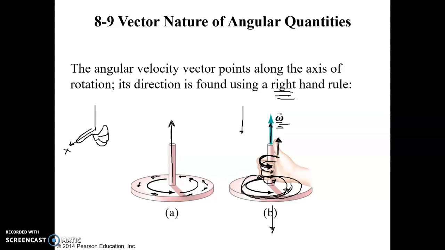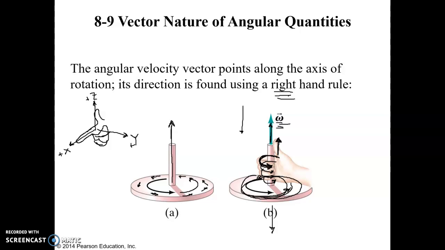They're curling around in this direction, so that's the Y, and then your thumb points up in the Z direction. So the positive X, Y, and Z axes are related by the right-hand rule. Point your finger like a pretend gun in the X direction, your other fingers point in the Y, and your thumb points straight up in the Z direction.